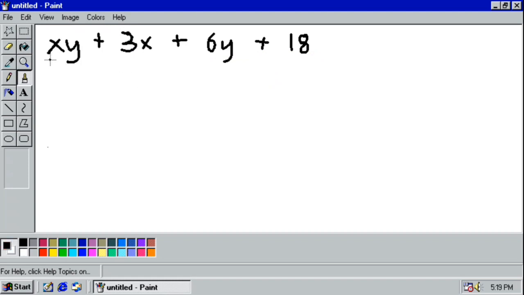First, get the first two terms, which is xy, and put them in parentheses.